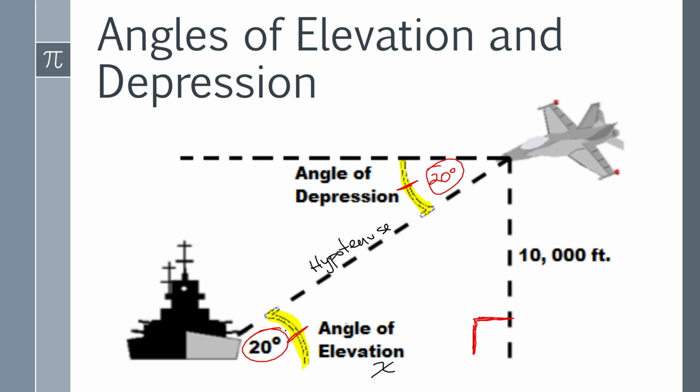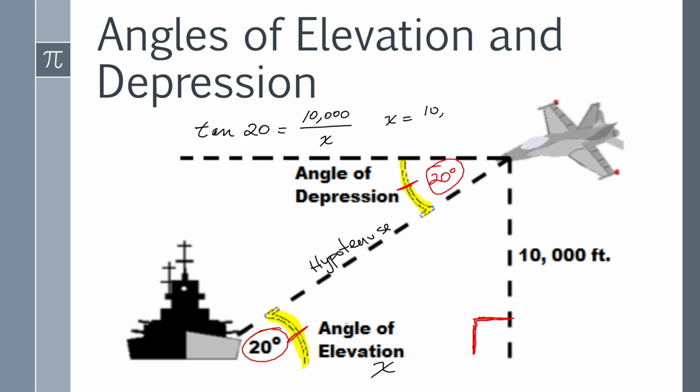So we would say the tangent of 20 is equal to the opposite, 10,000, divided by the adjacent, which is x. We can switch those out and get x by itself by just switching it with tangent of 20.